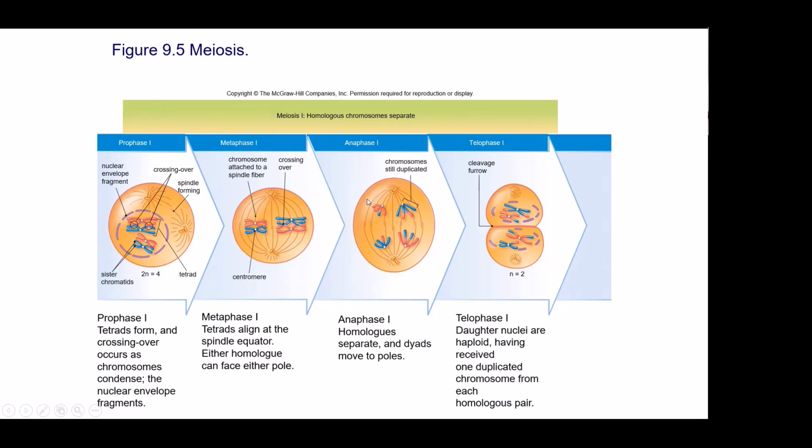This really is the reduction division, where the number of chromosomes in the parent cell and in the offspring cell are different. It has gone from being a diploid to a haploid, still with double-stranded chromosomes, which we'll deal with in meiosis 2.